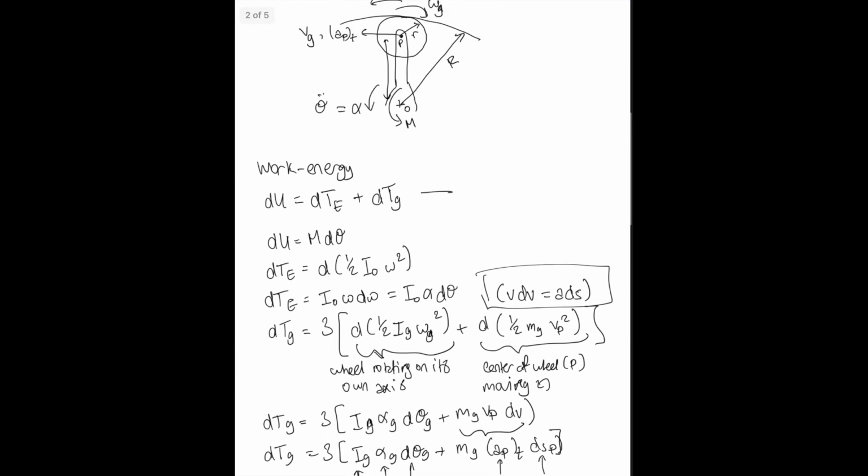And now if we plug our expression into our work energy equation, we get m d theta is equal to alpha d theta multiplied by IO, that's our dTE, our kinetic energy of the spider.